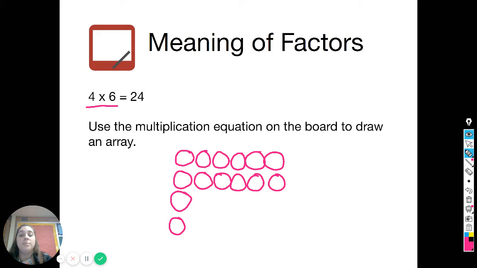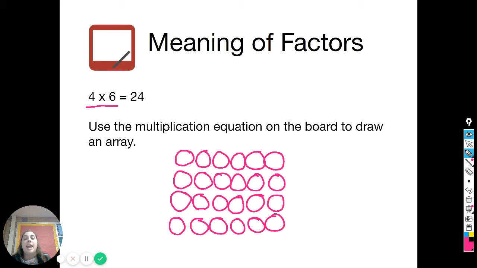Notice how I'm trying to make them line up as straight as I can. 1, 2, 3, 4, 5, 6. And the fourth row. 1, 2, 3, 4, 5, 6. Now I have an array with 4 rows of 6. Now remember, rows go side to side. 1, 2, 3, 4.